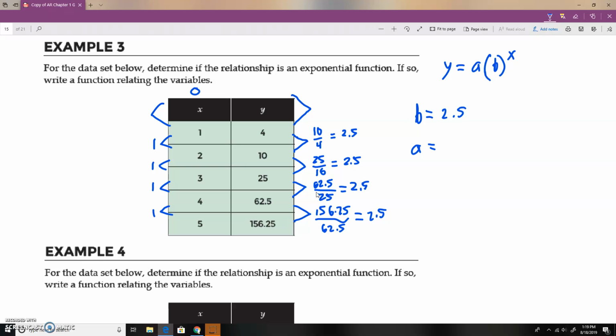So instead of multiplying, we're going to divide. We take that value of 4 and divide by 2.5. When we do that, we get a value of 1.6, and that becomes our a value. So our final function is y equals 1.6 times 2.5 raised to the x power.